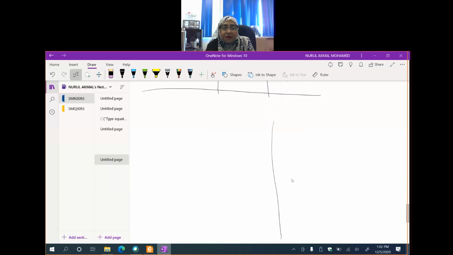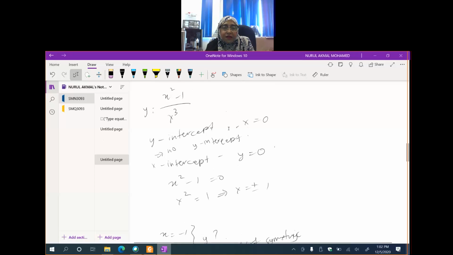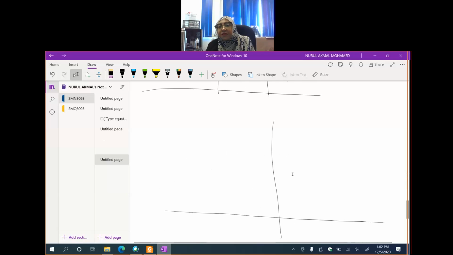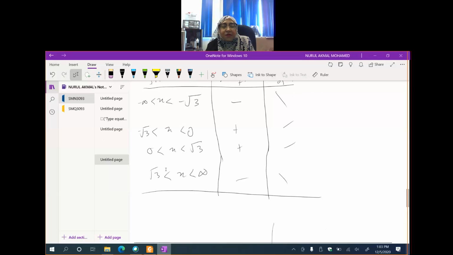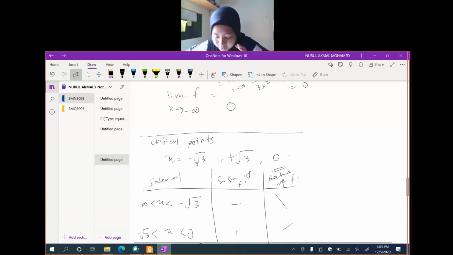Okay, let's try to plot. The y-intercept: no y-intercept. The graph does not have a y-intercept, and then we have intersections at x equal to -1 and 1. And then the critical point, negative square root of 3.